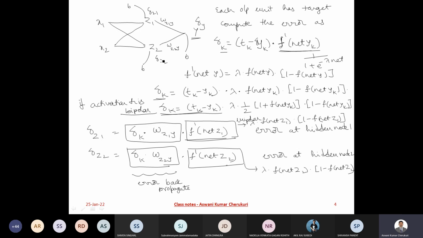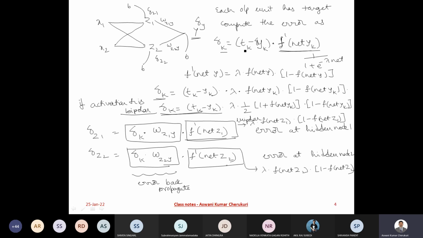Now when you are calculating the error at the hidden layer, you don't have t, because you don't know the t, and certainly t cannot be given for the hidden layer nodes. Is that clear? Yes, sir.